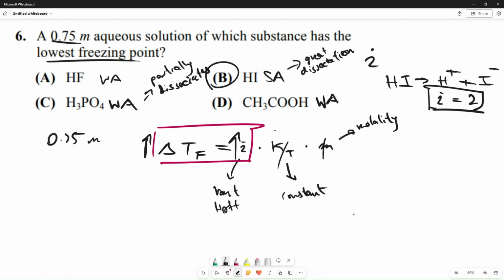Or actually, they barely dissociate. HF is probably going to have a Van 't Hoff factor of less than 2. So HI is going to have the lowest freezing point with the greatest Van 't Hoff factor because it's a strong acid.